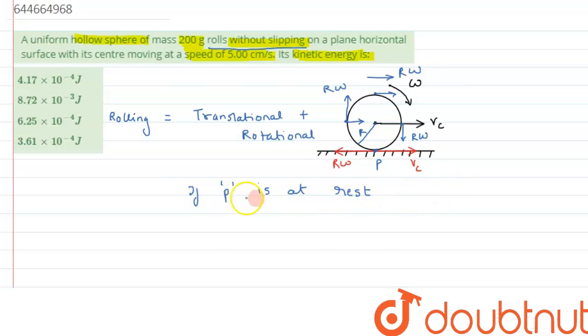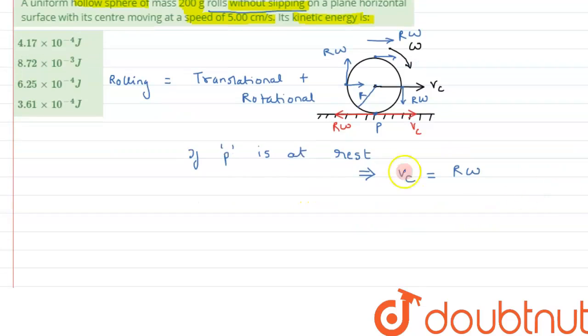Also, we know p will be at rest only if vc equals r omega. So this is the condition for rolling without slipping. I hope you are getting this point. The contact point on the hollow sphere has to be at rest with respect to the ground surface. If it is at rest, the translational speed will be equal to the tangential speed.